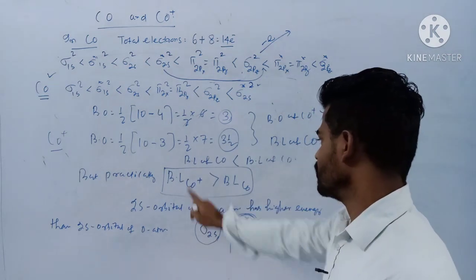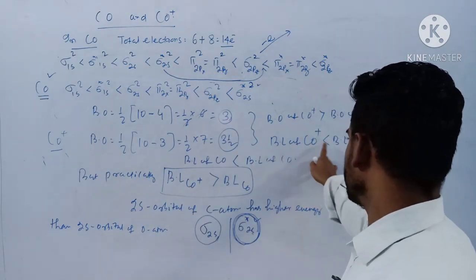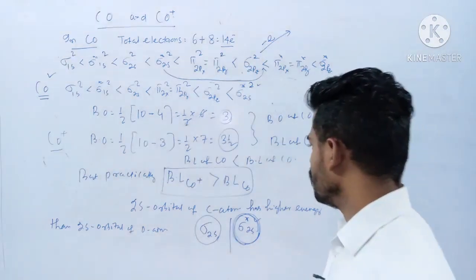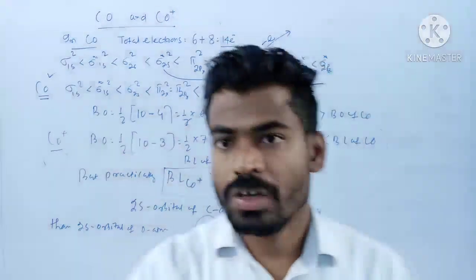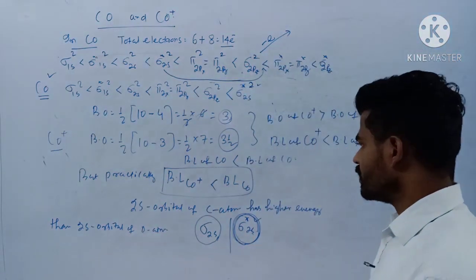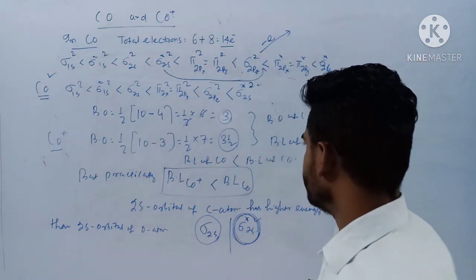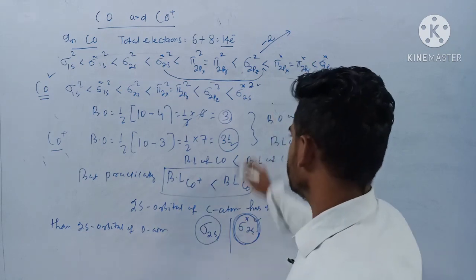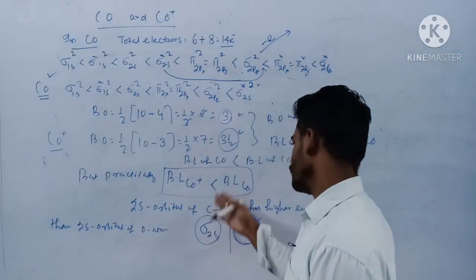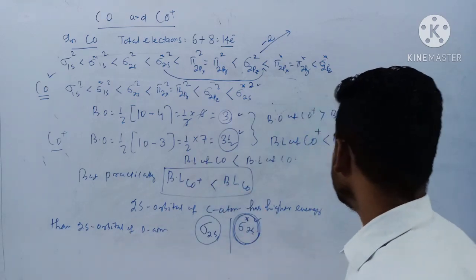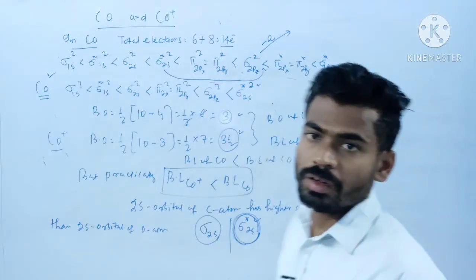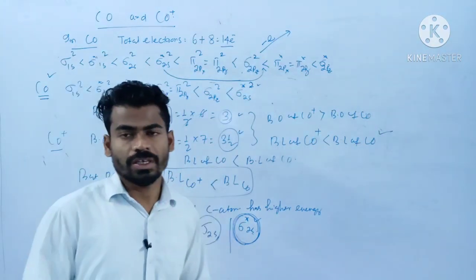Practically the bond length of CO plus is less than that of CO. So now the bond orders are 3 and 3.5, and the bond length of CO plus is less than that of CO. So this is the practical proof of this deviation.